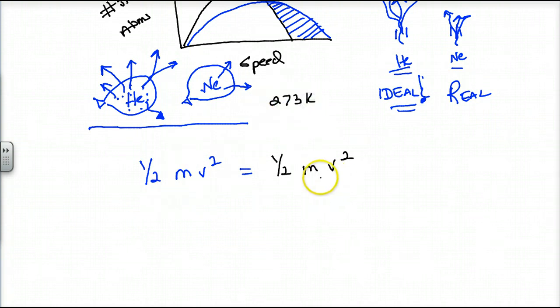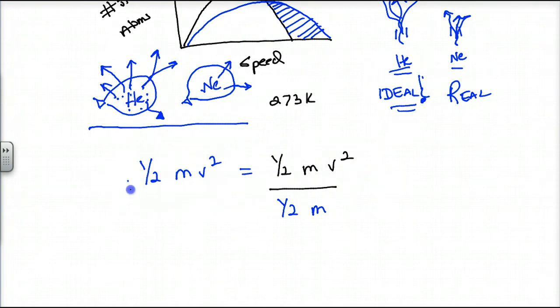Doesn't really matter, they're equal. Now let's solve for the velocities of each. So I'm going to divide this side by the 1/2 m. So what I did was I solved for v squared, and I'm going to bring this v over.